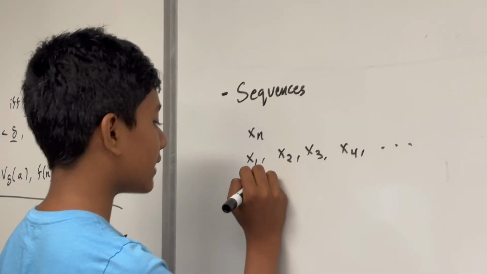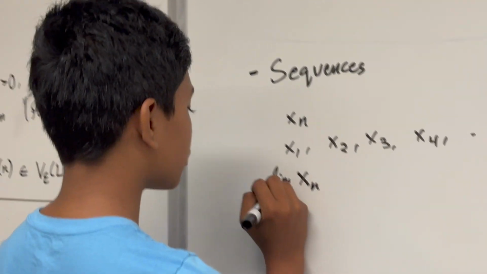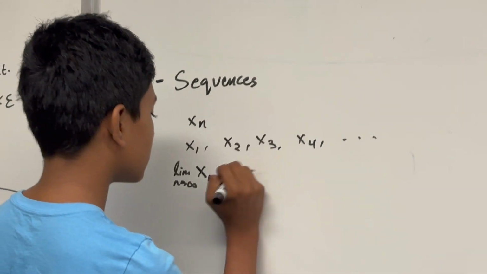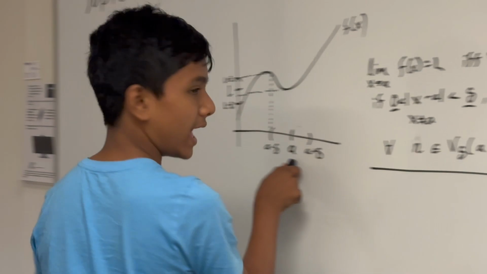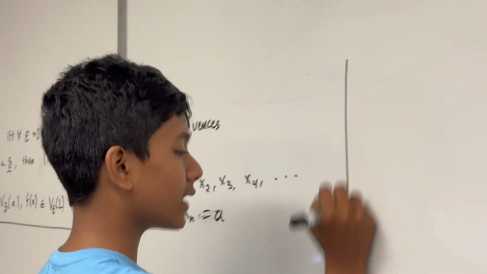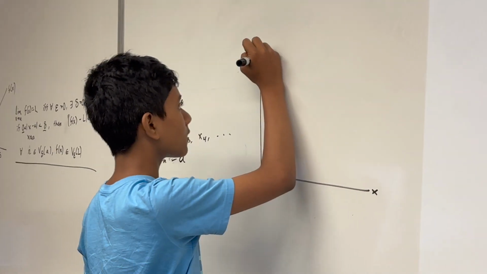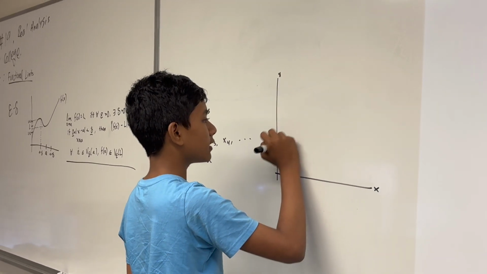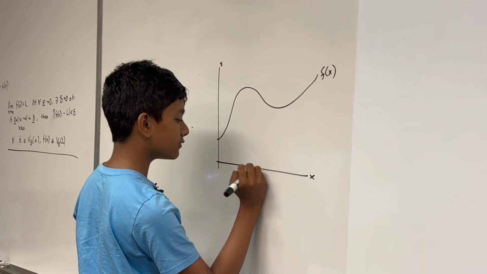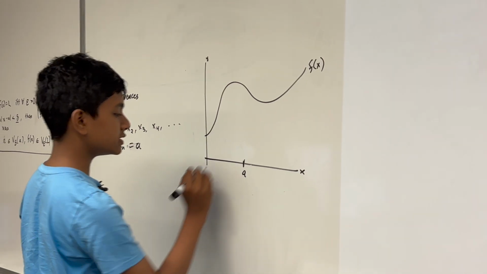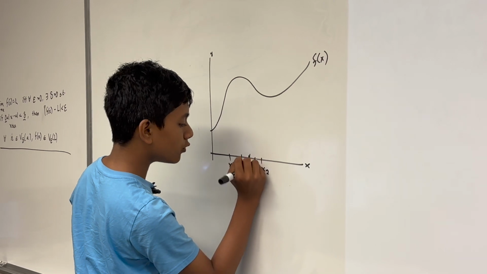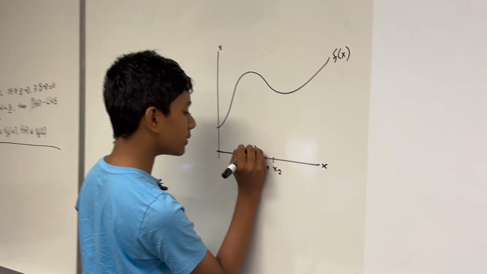So that means that the limit as n approaches infinity of xn has to be equal to that number a. So let's draw that on our whiteboard. We have our function, and then we have a, and we have some sequence, x1, x2, x3, x4, what it actually looks like doesn't matter.